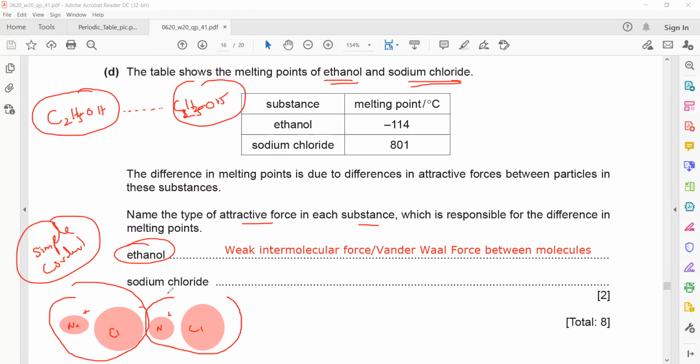So what kind of force is there between them? They have strong electrostatic forces between the positive and negative ions.